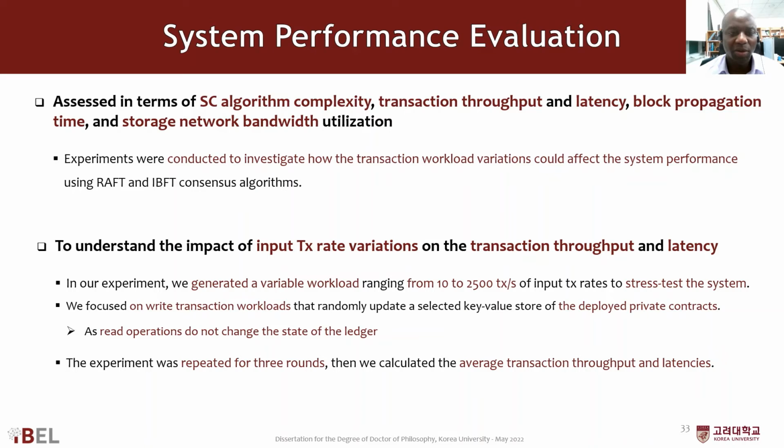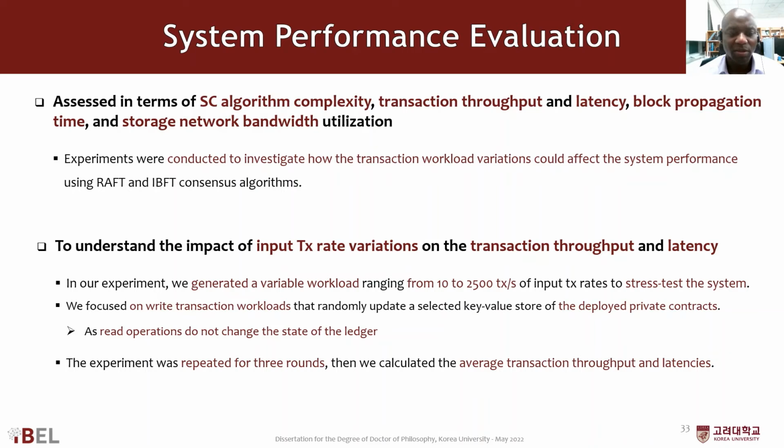The experiments were conducted to investigate how the transaction workload variation could affect the system performance using two main consensus algorithms that include Raft and IPFS consensus protocol. To understand the impact of input transaction submission rate variation on transaction throughput and latency, in our experiment, we generated variable workloads ranging from 10 to 2,500 transactions per second input transaction rate to stress test our system.